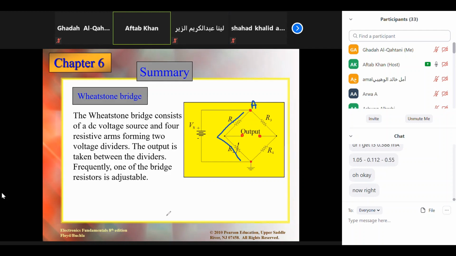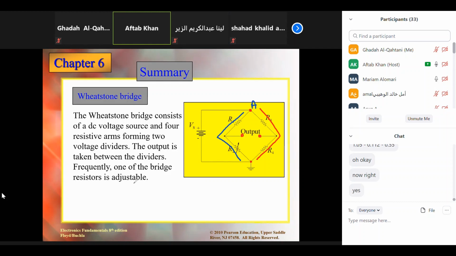That is one voltage divider. Can you identify the other voltage divider? With R3 and R4, am I right? Yes. The output is taken between the dividers.